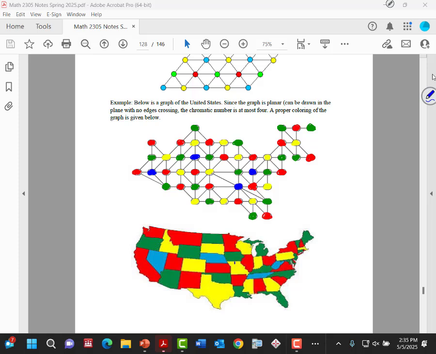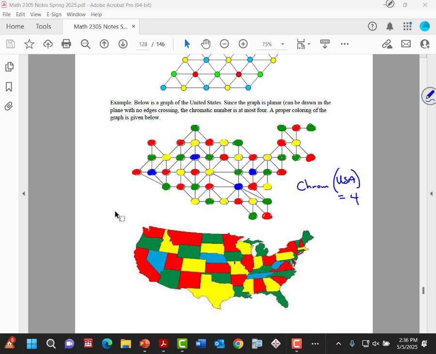My claim is if you pick any state, I can color it in such a way that each other state next to it is drawn using a different color than that state. And it took at minimum, if we count, 4. And so the chromatic number of, I guess I will call this the United States graph, is 4.